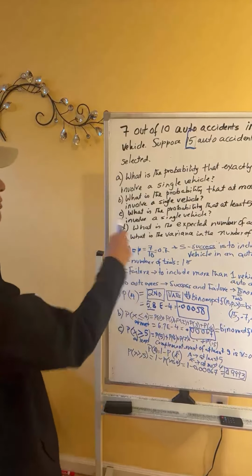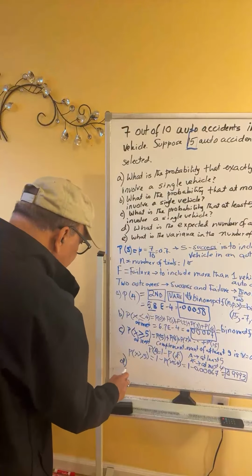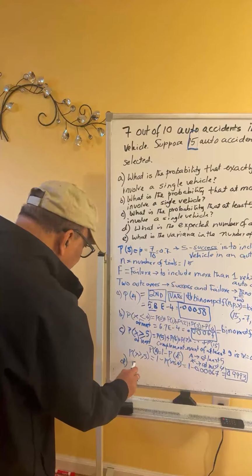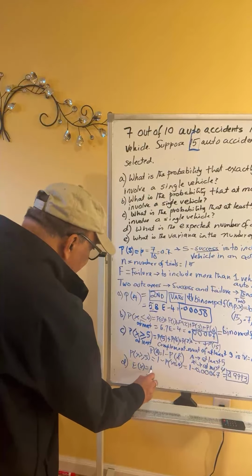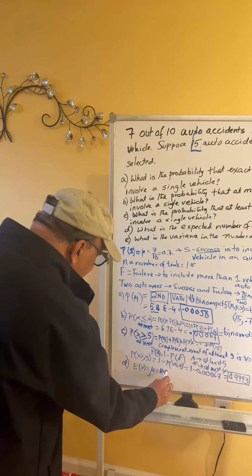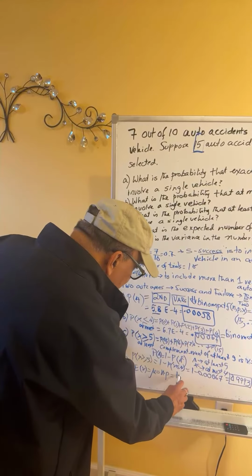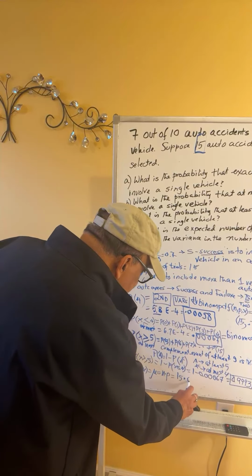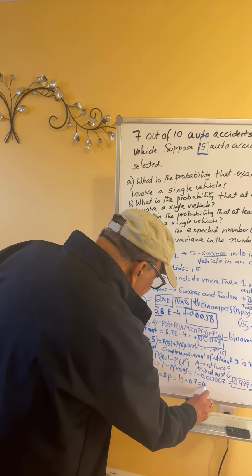And part D, they ask what is the expected value. Now the expected value of this binomial probability is the same as the mean, which is n multiplied by p. My n is 15 and my probability of success is 0.7, which gives 10.5.